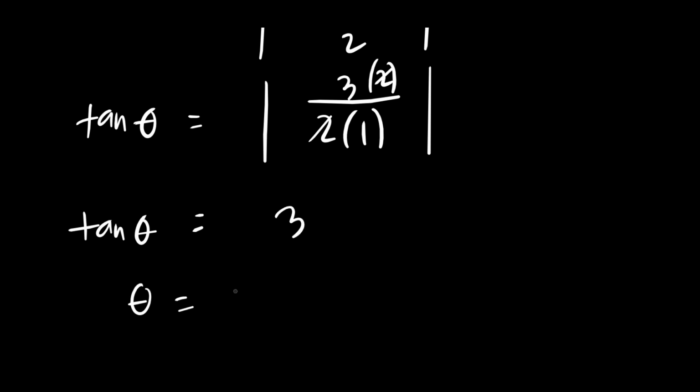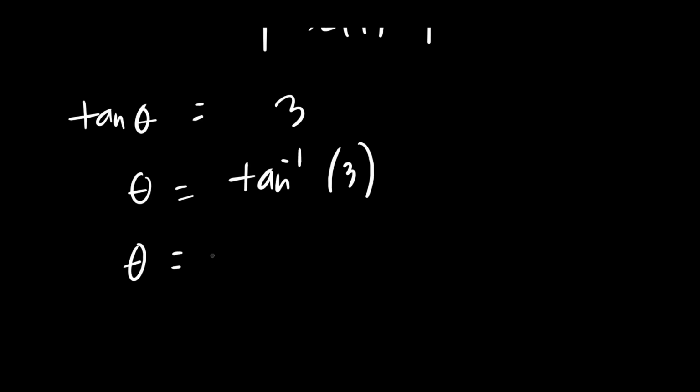So theta equals arctan of 3. What is the value of arctan of 3? We'll use a calculator: shift tan of 3 equals 71.57 degrees. So this is now our final answer.